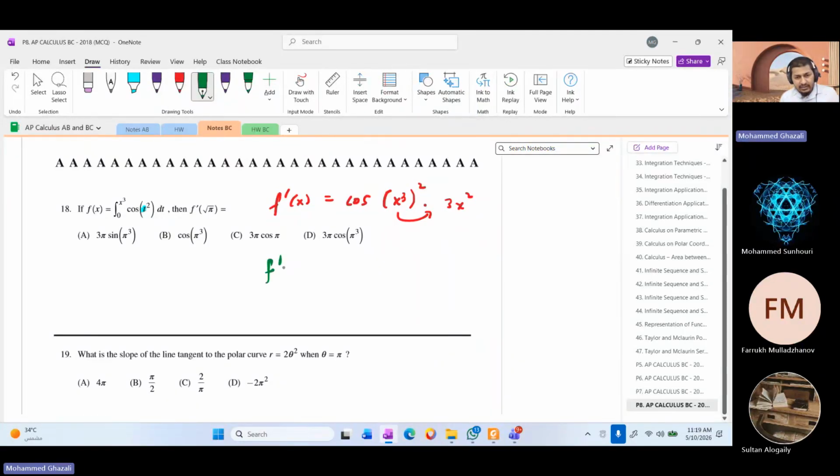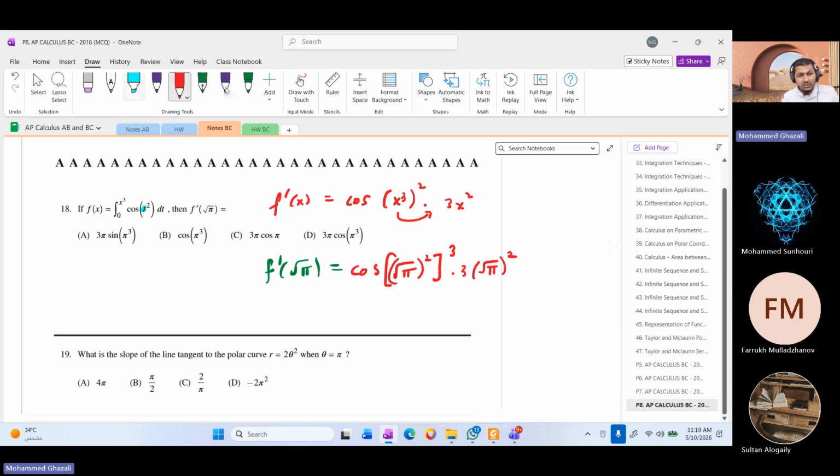So what is f prime of root pi? Put the 2 inside and put the 3 outside. What's the value of x? Root pi. The root pi will cancel out, and 3 times root pi squared.